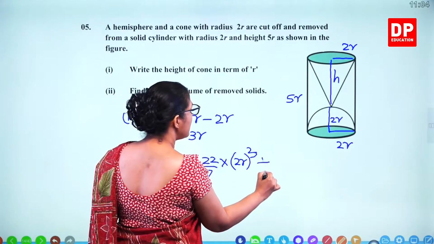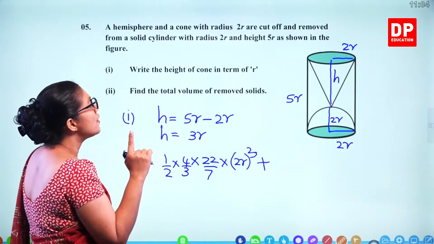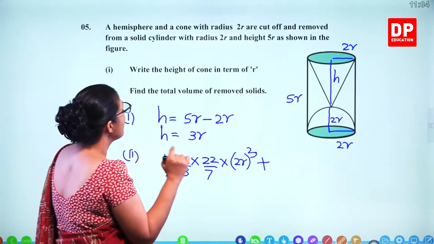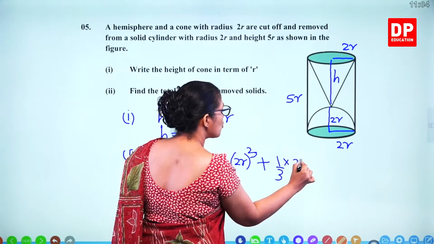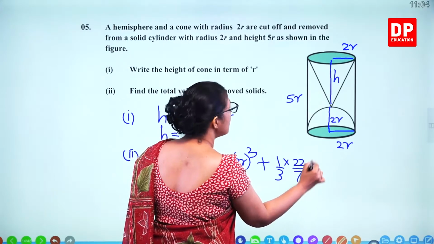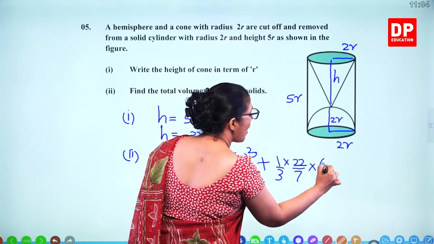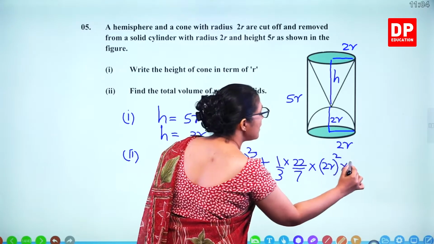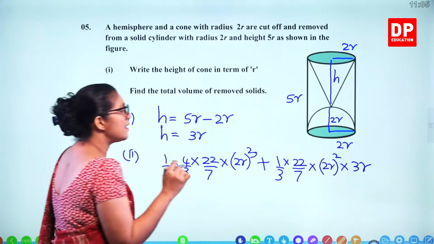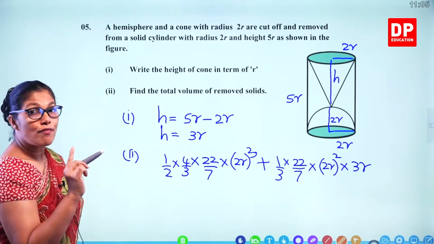And the other one, volume of the cone, 1/3 pi, 22 over 7, r squared, 2r whole thing squared, h is 3r. You can write 3r there instead of h.